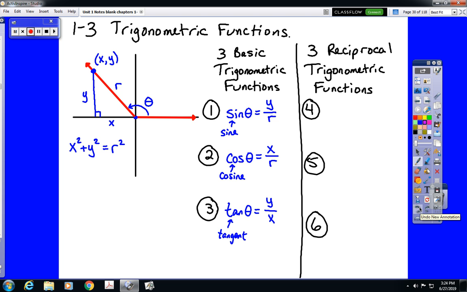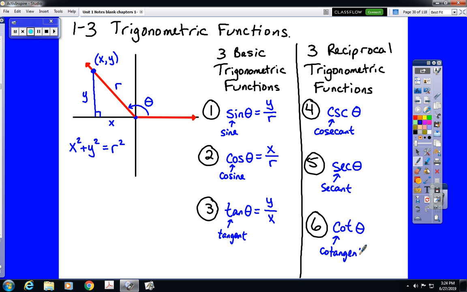Okay. Our 3 reciprocal trigonometric identities are the cosecant, the secant, and the cotangent.